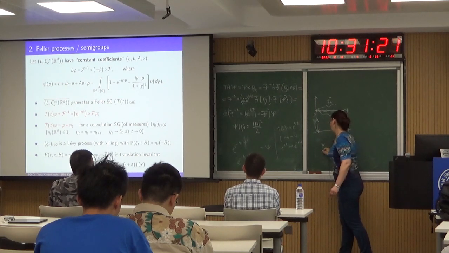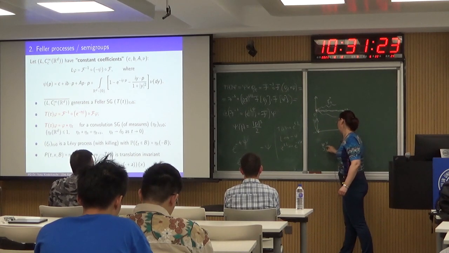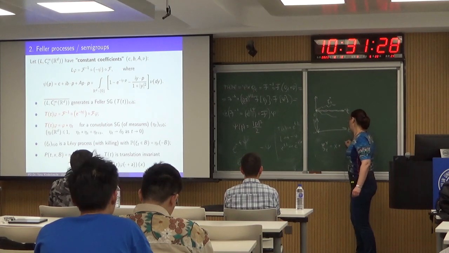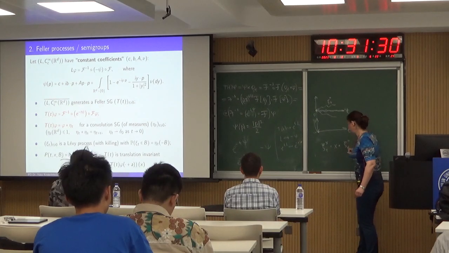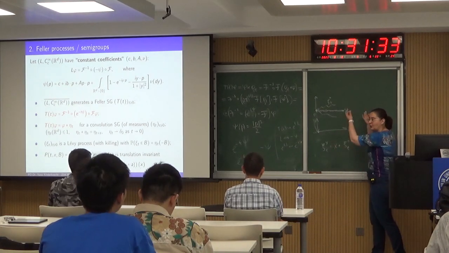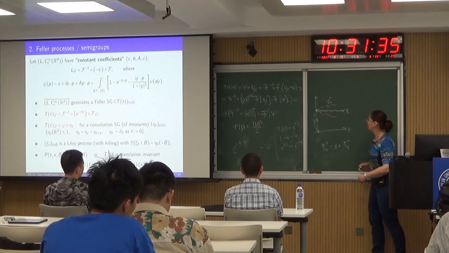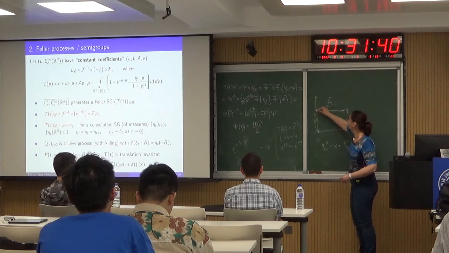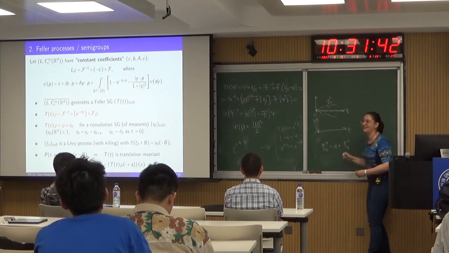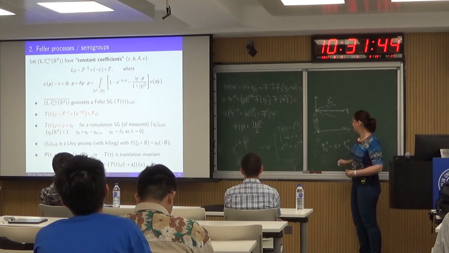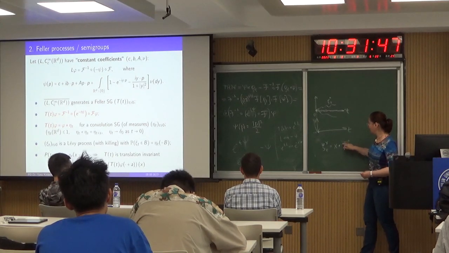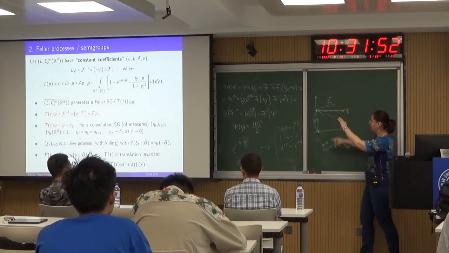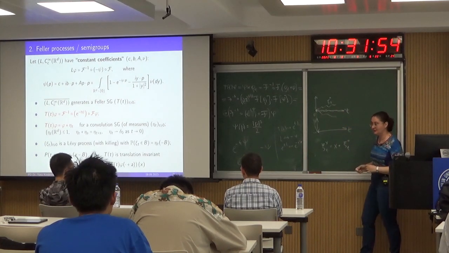That is, the process which starts at x is nothing else but x plus the same process which starts at 0. So we just shift all of the paths. I shifted the coordinate system because I don't want to write down the paths once again. Just take the process, run it from 0, and then if you shift the whole picture to x, you obtain the process which starts at x.